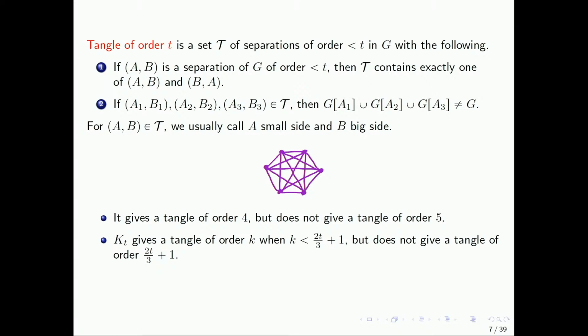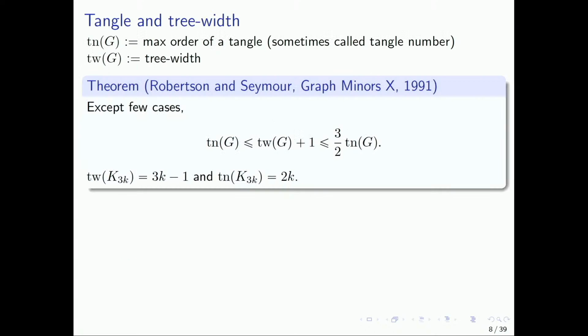Actually, the maximum size of a tangle is equivalent to the notion of tree-width, because if the order of the tangle is large, it means that you cannot easily decompose the graph in a tree-like way, so it naturally corresponds to tree-width. So I denote by t(G) the maximum order of a tangle in the whole graph, and tree-width is tw.